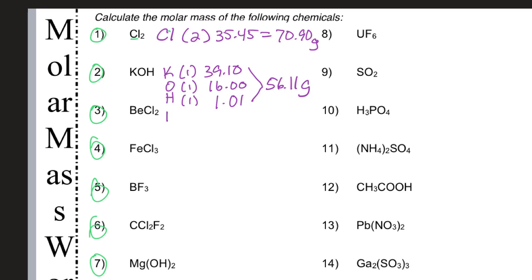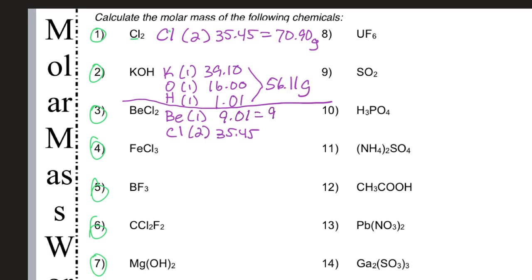I've got beryllium and I have chlorine. For beryllium, I have 1 atom. I'm just going to draw a little line to kind of separate this because they're getting kind of close. For chlorine, I've got 2 of them. Now I'm ready to go find chlorine. I already know because I had that above, 35.45. But I have to look up beryllium. Now I'm ready to get the totals.